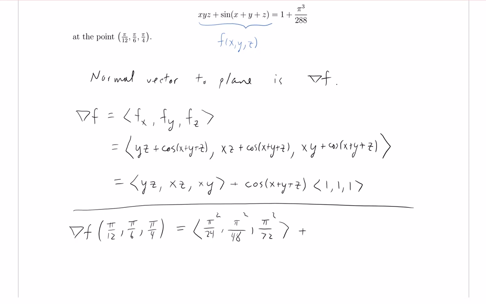Well, before we move on, let's just write it out first. Cosine of pi over 12 plus pi over 6 plus pi over 4 times 1, 1, 1. But notice that if you add all three of these together, it's pi over 2, and the cosine of pi over 2 is 0. So this term is just 0.